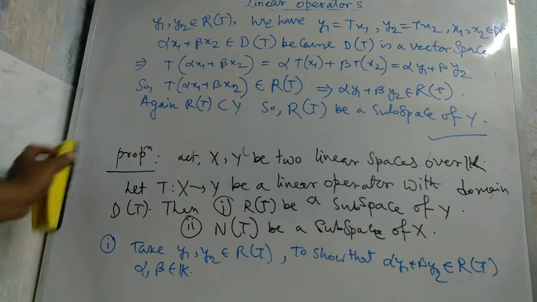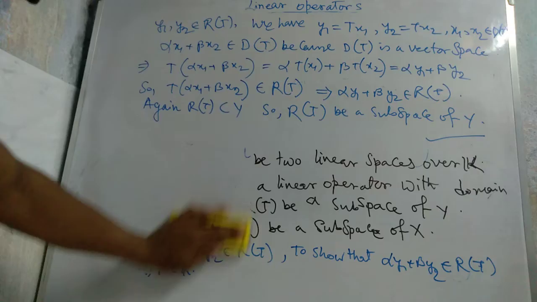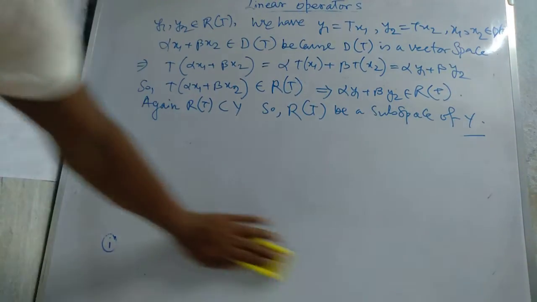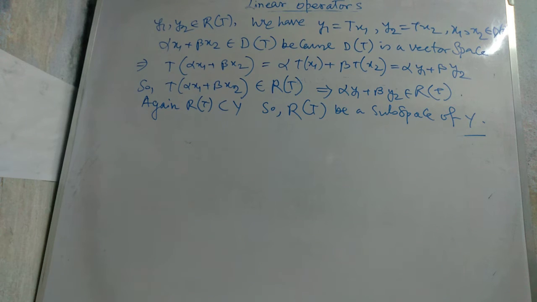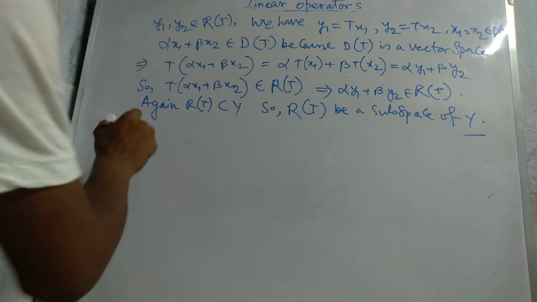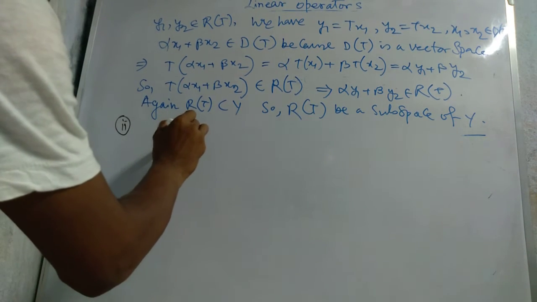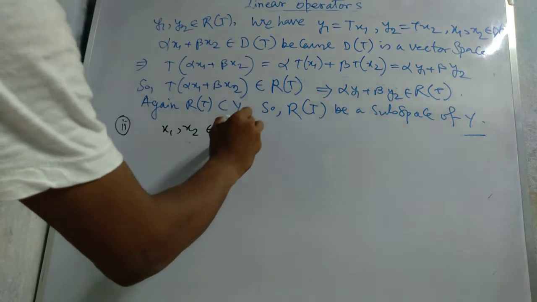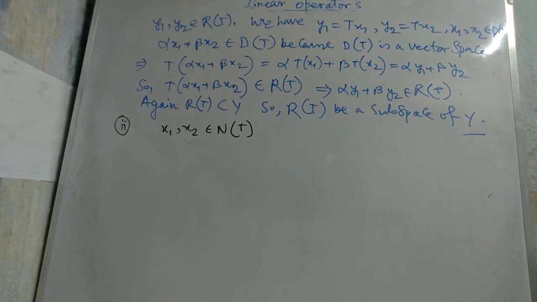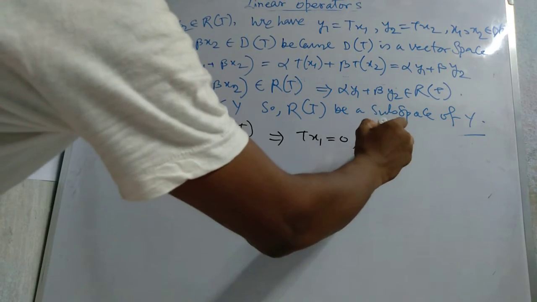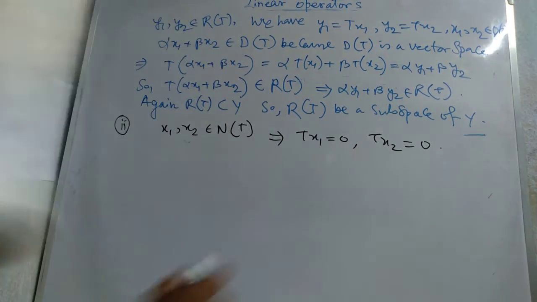Okay, we proved it. Next we discuss N(T), that N(T) is a subspace of X. How do we prove it? We prove it simply. We take x1, x2 belonging to N(T). This implies that T x1 equal to 0 and T x2 equal to 0.